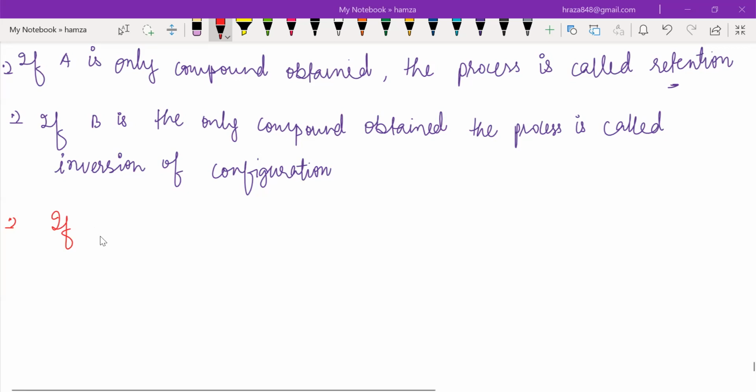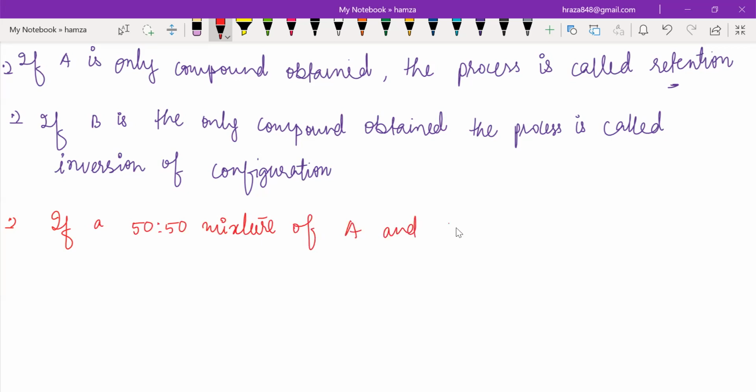Now you can see if a 50 to 50 mixture of A and B is obtained, the process is called racemization.